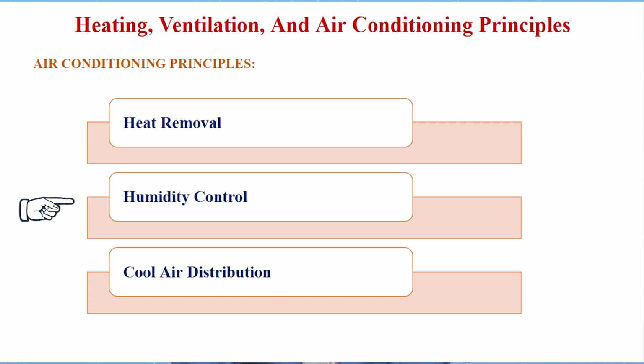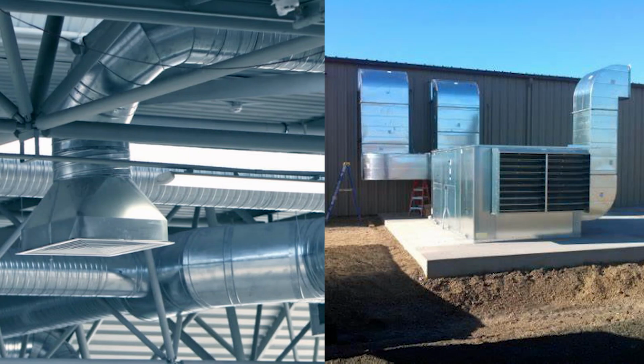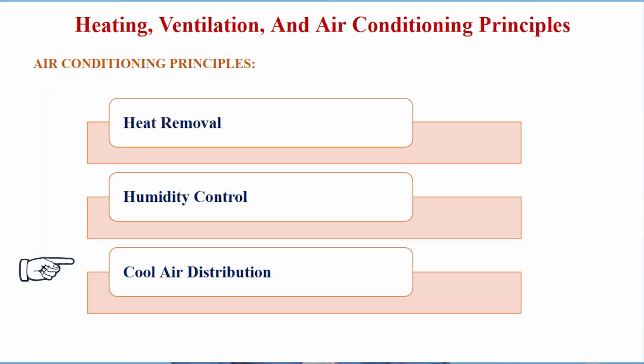Controlling humidity levels enhances comfort and prevents mold growth. Then the third point is cool air distribution. Cool air is distributed through ductwork or air handlers to maintain the desired indoor temperature. Next point is proper insulation and sealing of ducts to optimize cooling efficiency.